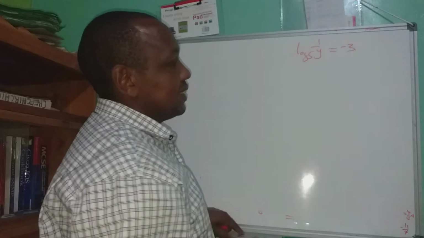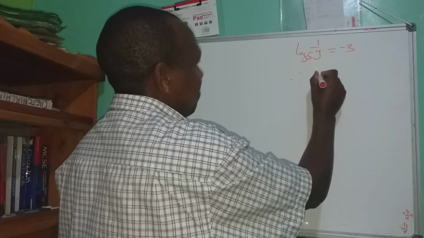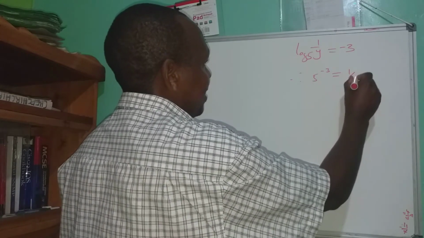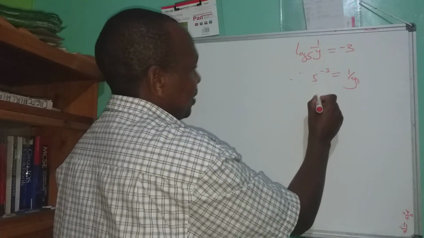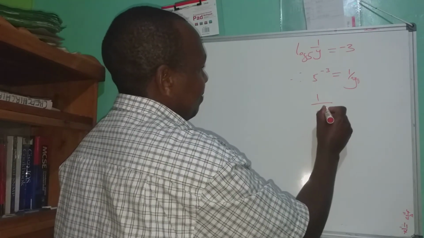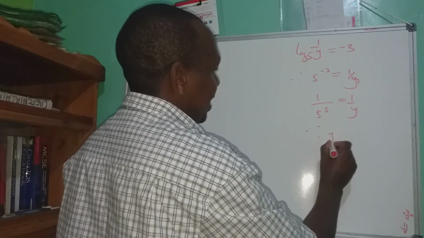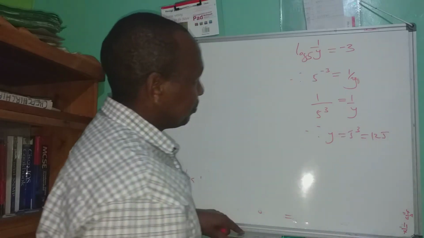If we put this in exponential form, this is the same as 5 raised to negative 3 is equals to 1 over y. And this negative here, you can actually bring it down. 5 raised to 3 is equals to y. And therefore y is equals to 5 cubed is equals to 125.